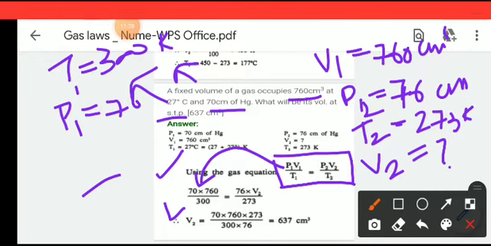I have given numericals based on all of these 3 equations so that you get a clear idea. Using the requisite equation is very important, and then you calculate accordingly to get the values.